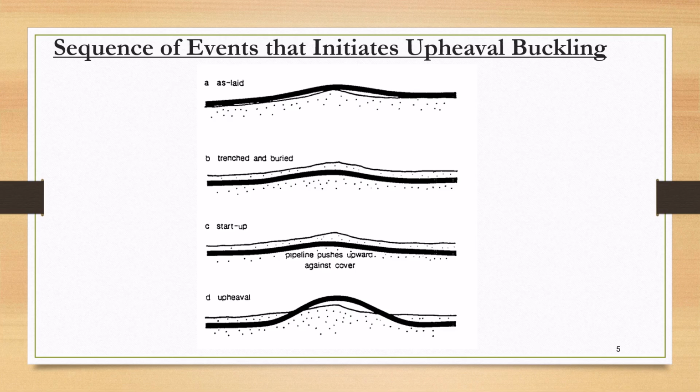Now when this compressive force, generated because of internal design pressure as well as the temperature of the fluid, becomes such that the pipeline pushes upward against the cover and takes the shape shown in D, during that time we can say the pipeline has buckled, or upheaval buckling has happened. So these are the 4 steps by which upheaval buckling happens in an onshore pipeline system.